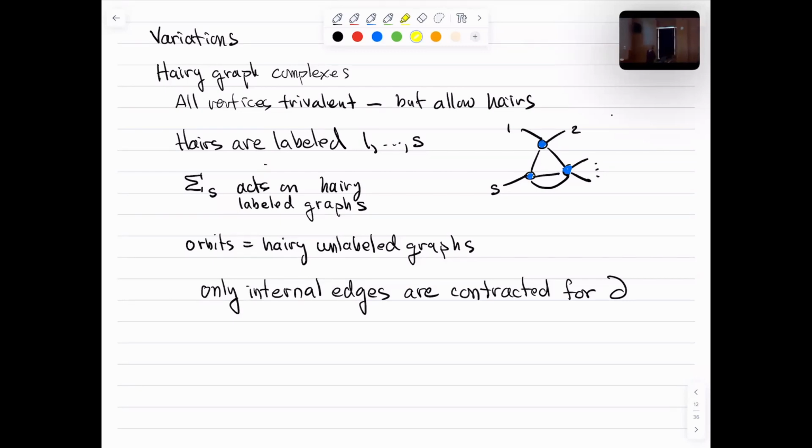If you've got S hairs, you label them one to S. Then the symmetric group acts on the labels, and the orbits are hairy unlabeled graphs. So there's a complex of hairy labeled graphs and a complex of hairy unlabeled graphs. When you form the boundary operator, only the interior edges are contracted. You don't contract the hairs.